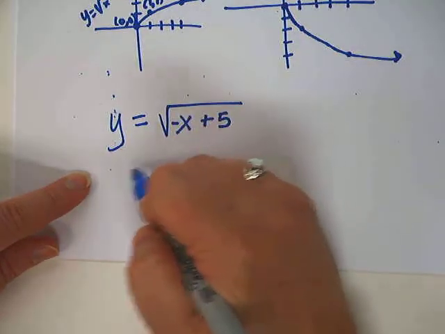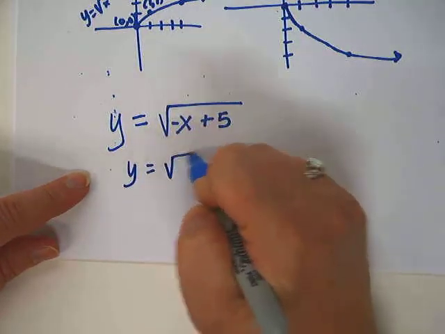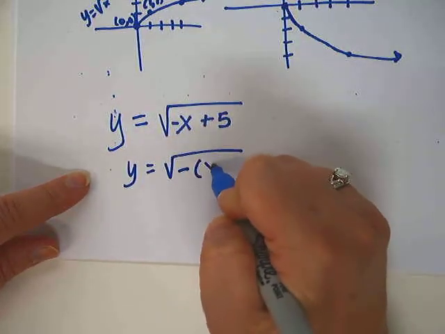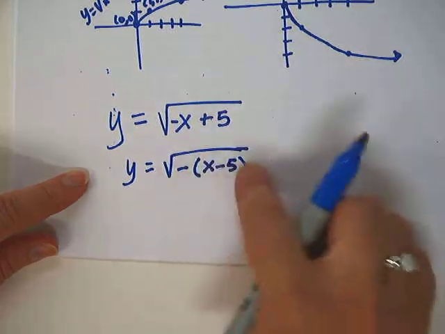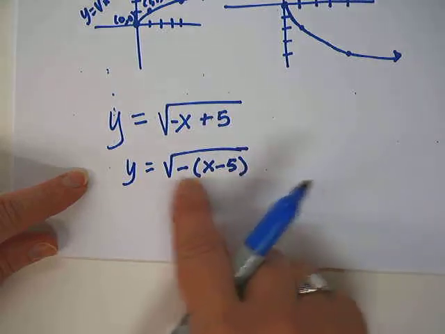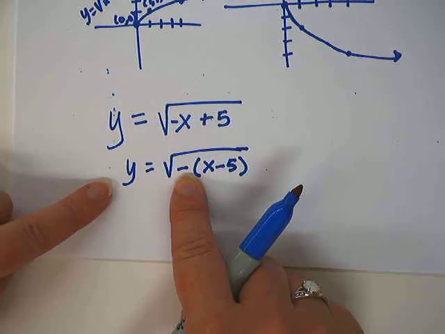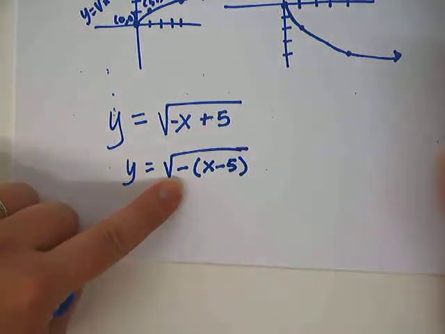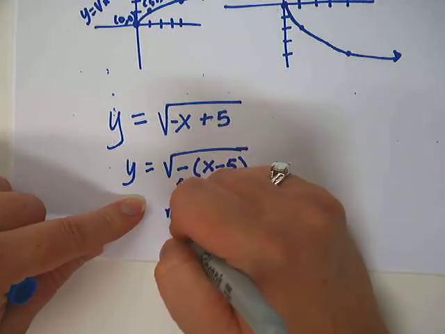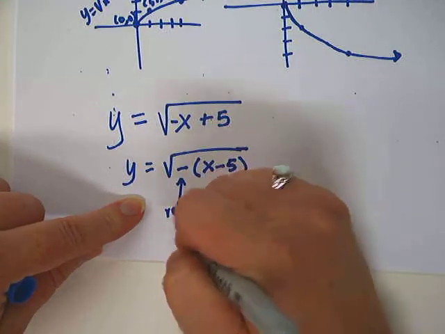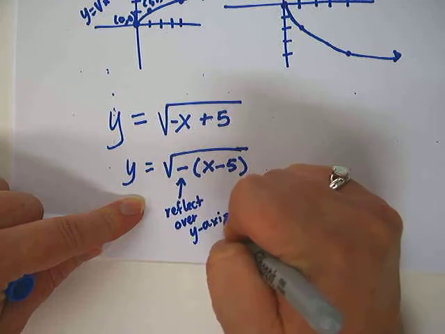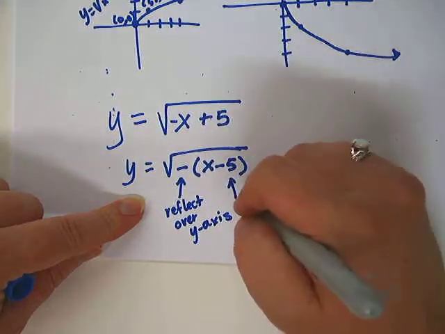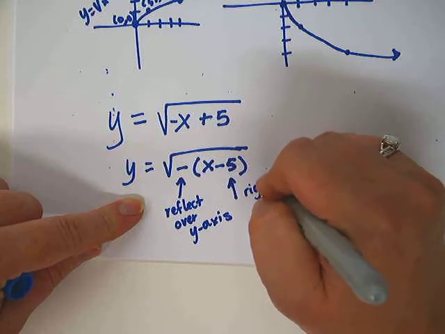That's where it flips over the y-axis, but the thing that people do wrong sometimes is that they think, okay, that goes over the y-axis, and then what does the 5 do? Goes to the left 5, you would think, right? No, watch what you have to actually do to it. You have to take that negative out and put it in the front of that inside section. It's like you have to factor out that negative.